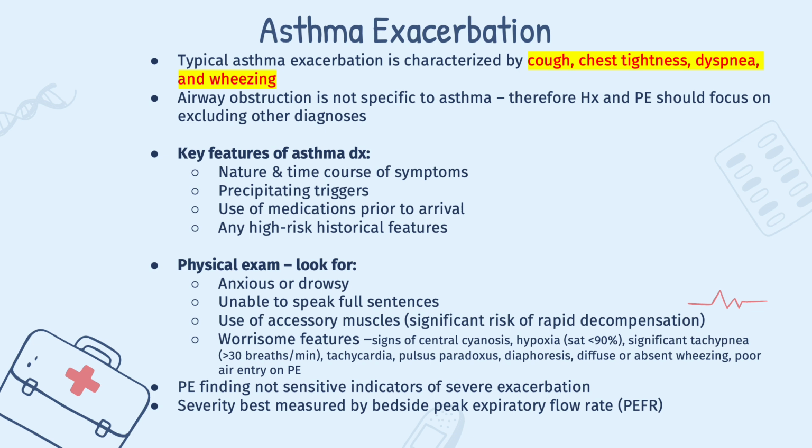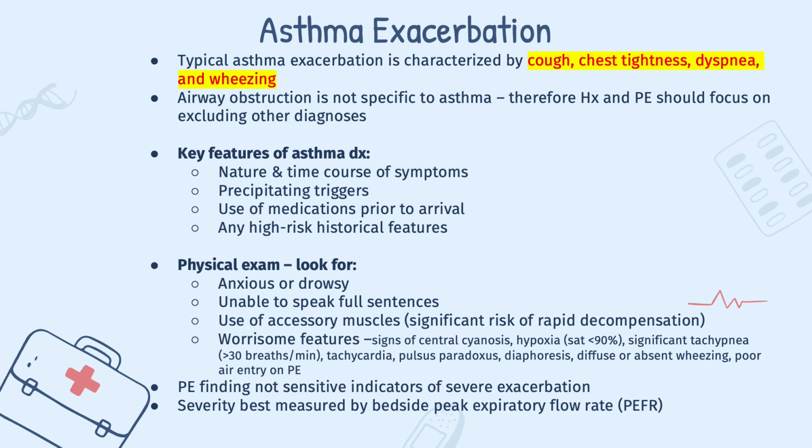Physical exam, so what are we looking for? Do we have an anxious or a drowsy patient? Are they unable to speak in full sentences? Do we see accessory muscle use? That's a significant risk of rapid decompensation. And then any worrisome features. Are there signs of central cyanosis?